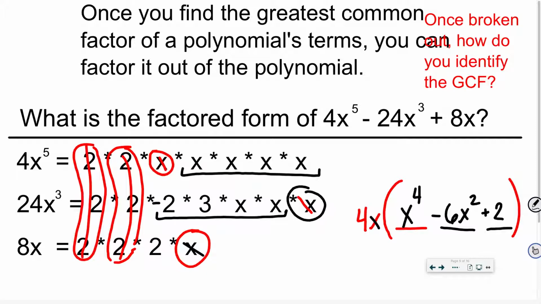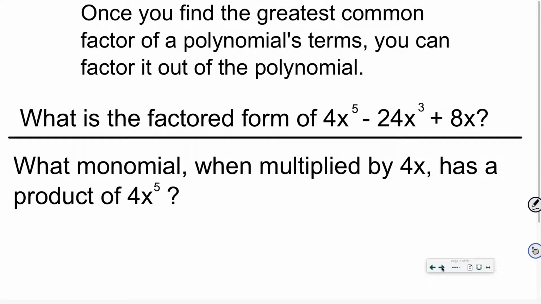For those of you who are just starting this and are getting a little bit more comfortable with factoring, I love this visual model because, assuming you break it out properly, which you want to check, it really shows you not only how to identify what they share, but how to figure out what's left, because it has to be everything else. Another option, if you don't want to do it a visual way, is to approach it by an individual term.